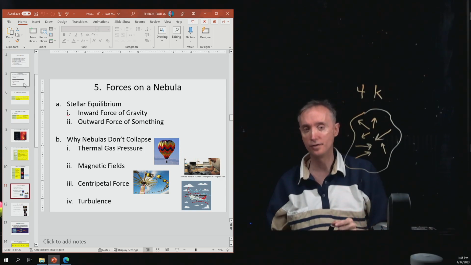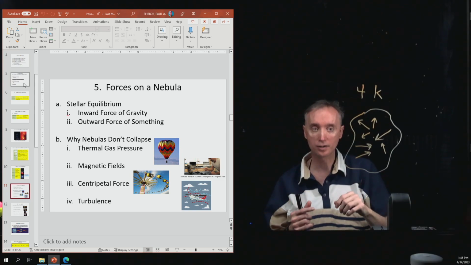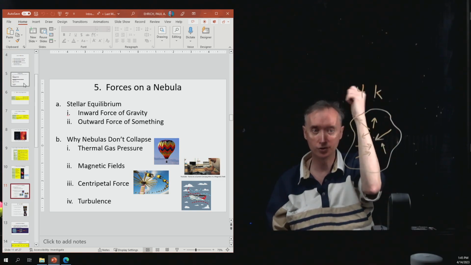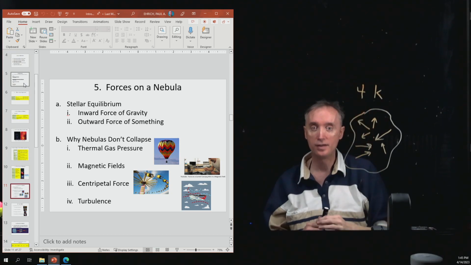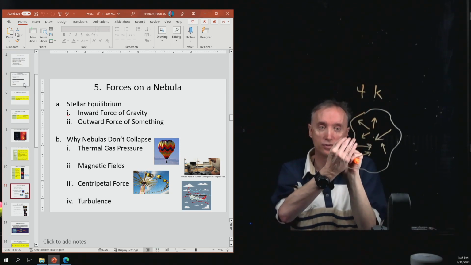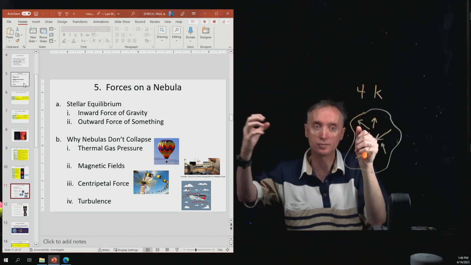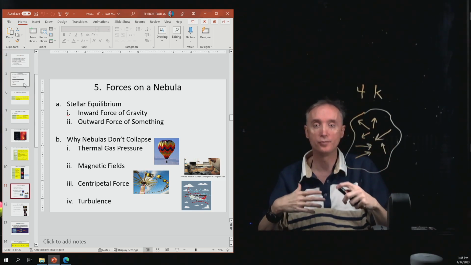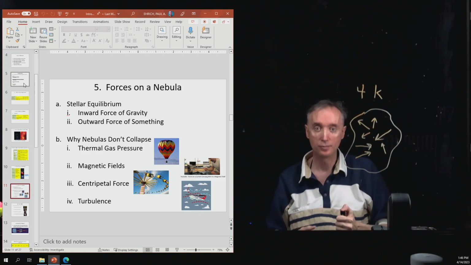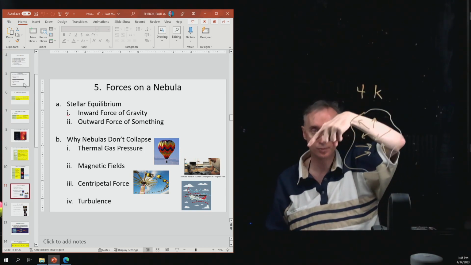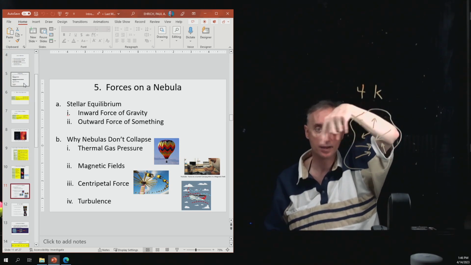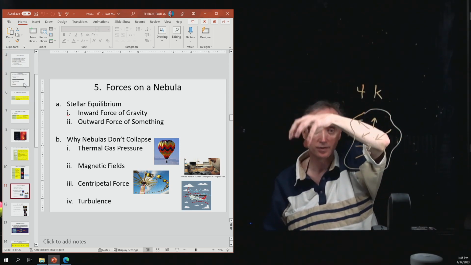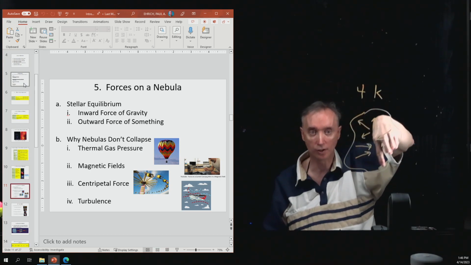Okay, another one is centrifugal force. We already covered this in unit number 2, when we said that if you put a rock on the end of a string and you swing it around your head, that rock is going to feel like it's moving outwards, and that's actually the centrifugal force, but it's caused by the centripetal force, and it has to do with the speed at which it's going around and the radius, the distance that the object is from the thing that it's going around.